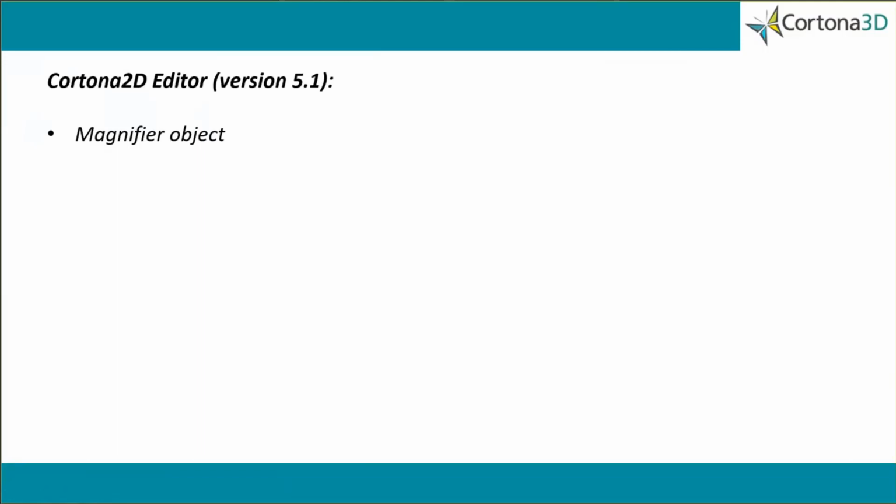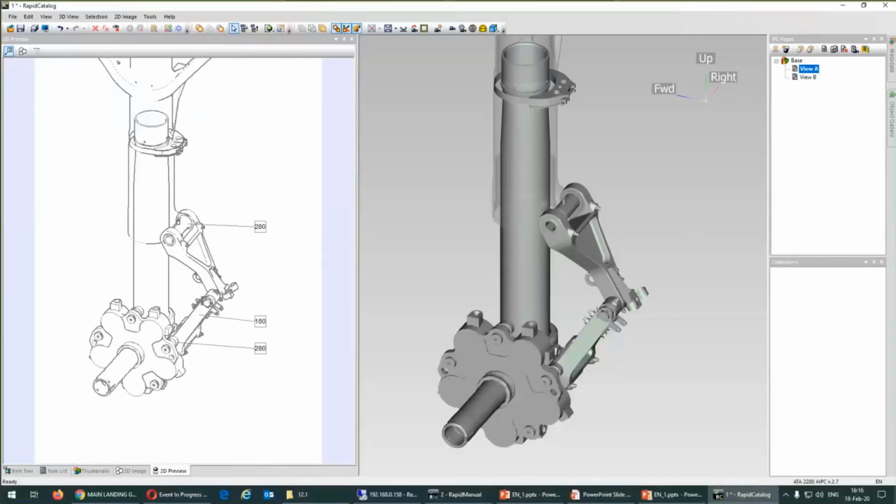If you create a 3D magnifying glass, it is also translated and injected into your 2D image, and it has a number of unique properties that you can set. Now let's review this magnifying glass in the 2D editor.